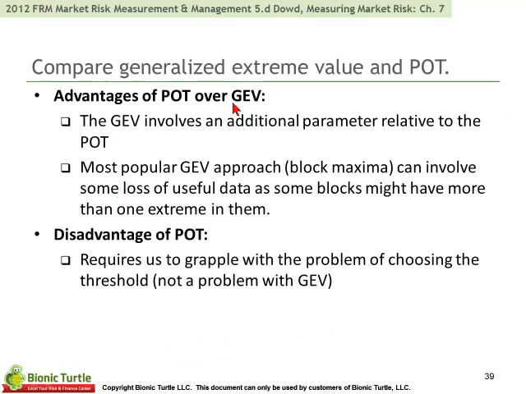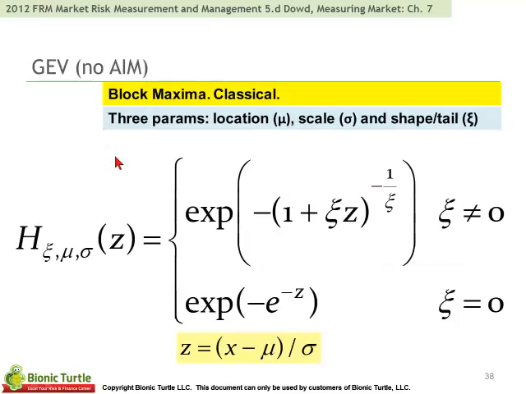So we're asked to compare generalized extreme value and peaks over threshold. The advantage of the peaks over threshold over generalized extreme value is that the GEV involves an additional parameter relative to the POT. So if I just go back here, we've got three parameters here: location, scale, and shape.